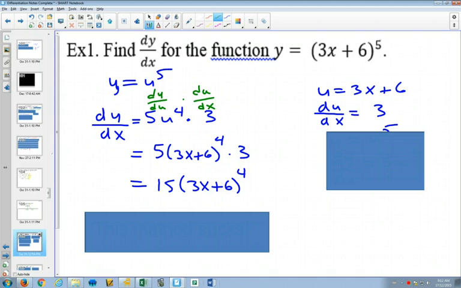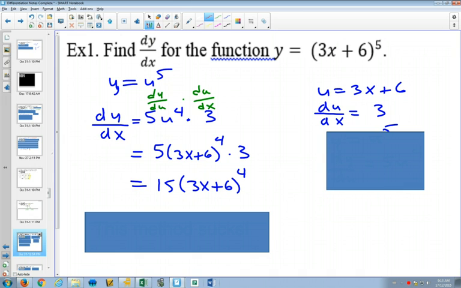When we take the derivative of u to the 5, it becomes 5u to the 4. When we took the derivative of u, du dx, we got 3. And we get our final answer as 5 times 3x plus 6 to the 4, times 3.